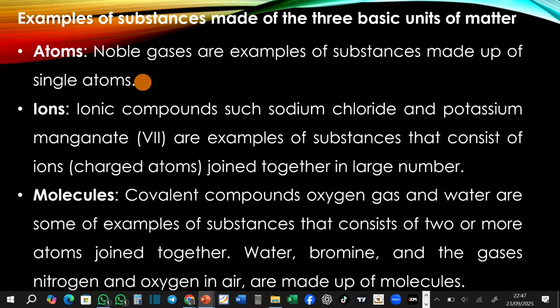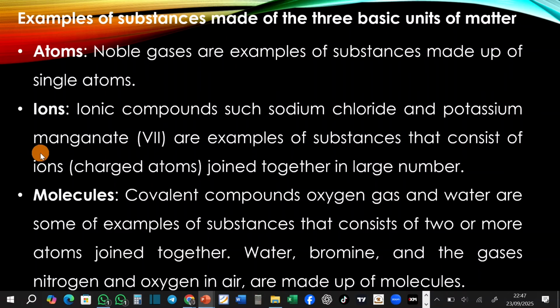That kind of matter will have atoms, like noble gases. In these gases, we'll find gases that exist alone as pure ones, like argon, neon. These will exist singly. So that kind of matter is made up of atoms. So we're saying noble gases are examples of substances made up of single atoms.